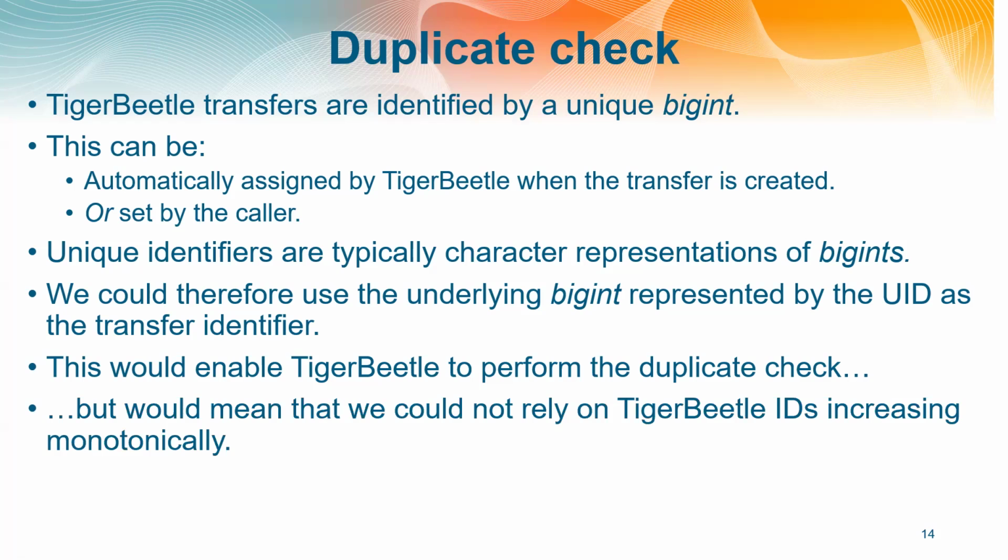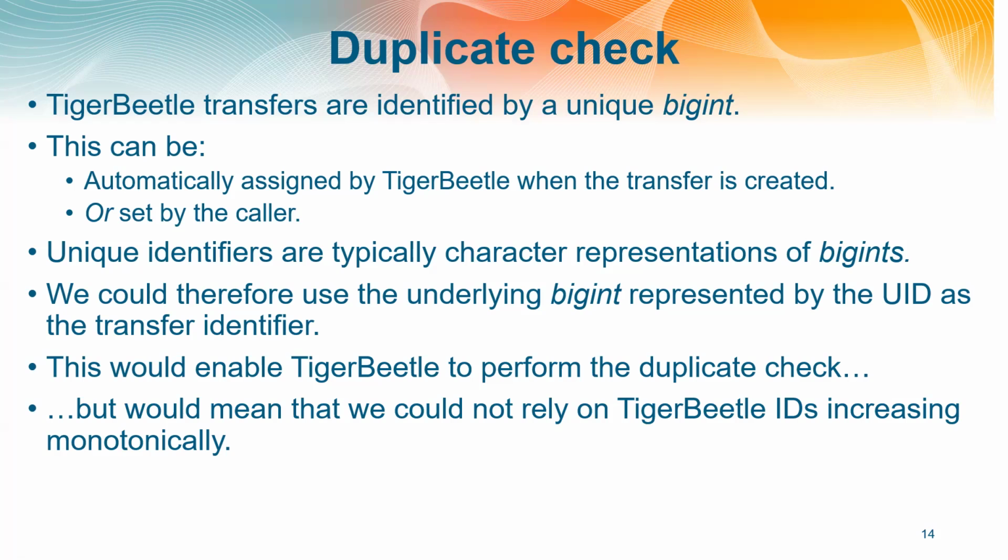However, that would mean that we couldn't rely on TigerBeetle IDs increasing monotonically. We don't think that's an important consideration, but it's something that's worth bearing in mind. The reason we think that is that, as I'm sure you're aware, when machines generate unique big ints, they typically have a time component as their most significant bits.